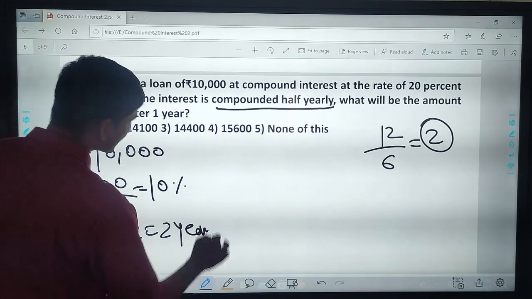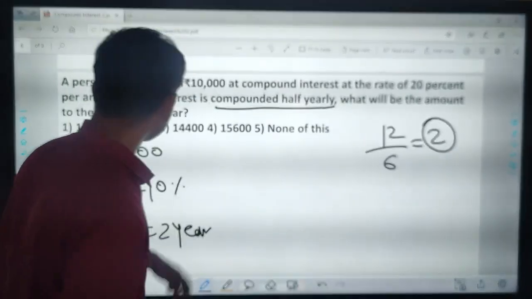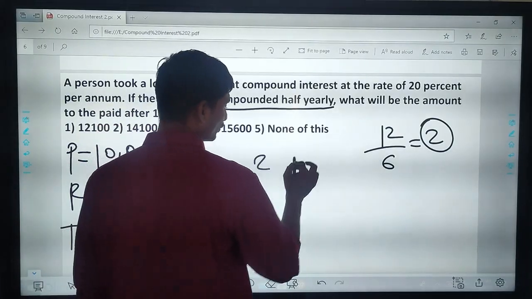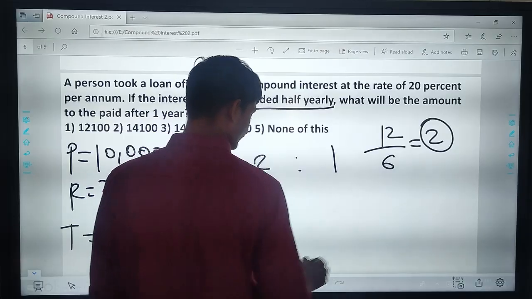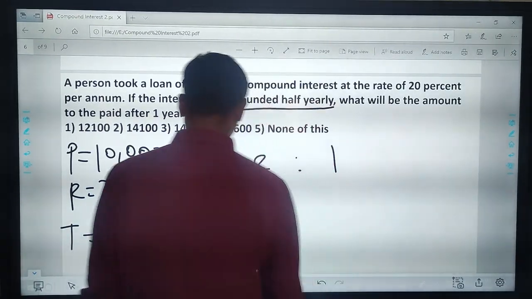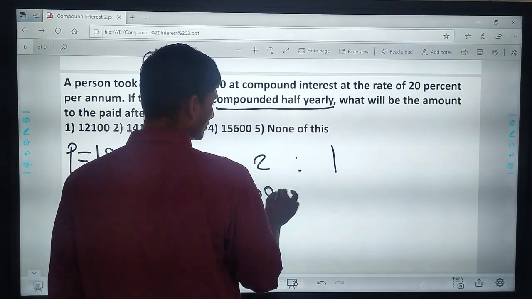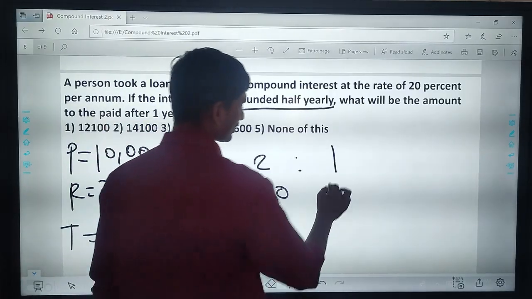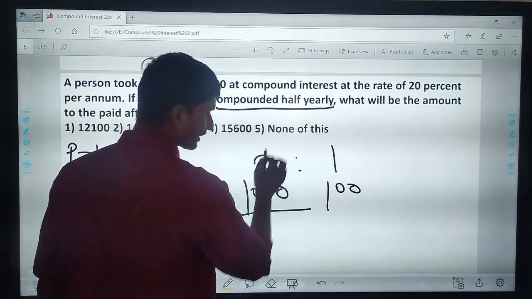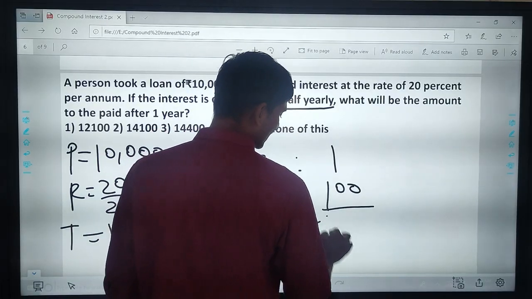Now you calculate the interest on 10,000 rupees at 10% for 2 years. You will write 2 as 2:1. Now here 10% of 10,000 is 1,000. Then 10% of 1,000 is 100. Then take multiplication and addition, this is 2,000 plus 100.